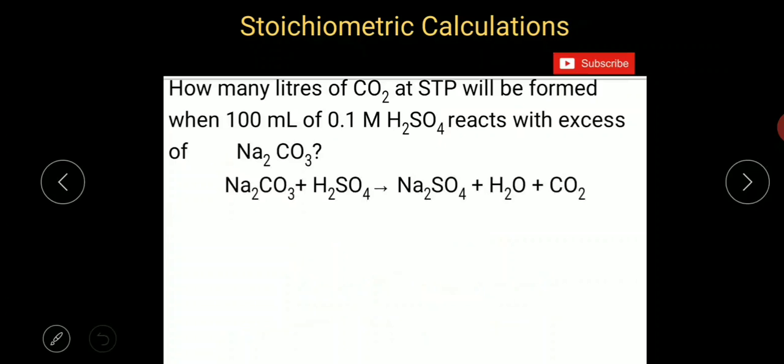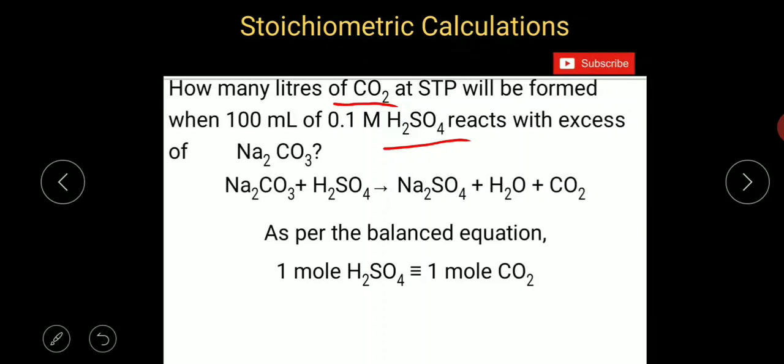Balanced equation is this: Na2CO3 plus H2SO4 to give Na2SO4 plus H2O plus CO2. We need the relation between CO2 gas and H2SO4. As per the balanced equation, 1 mole of H2SO4 will give you 1 mole of CO2.